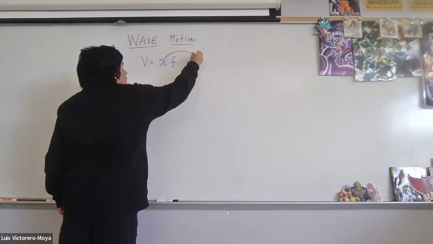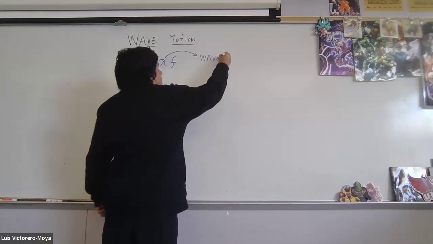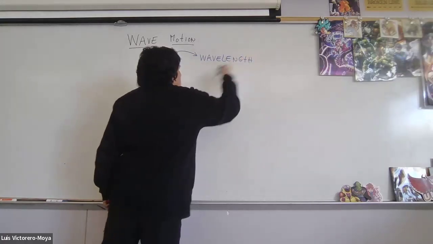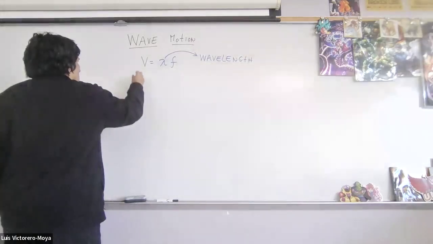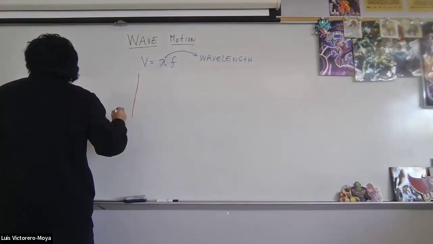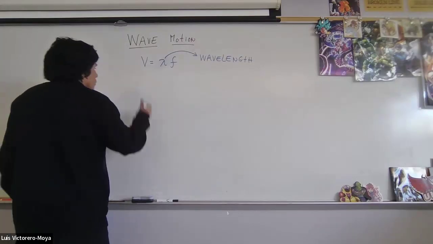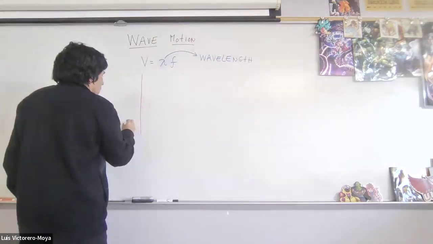What is the wavelength? It's how much the wave travels in one period. That's why if you use a sine function, you just look at the distance between the 2 peaks.